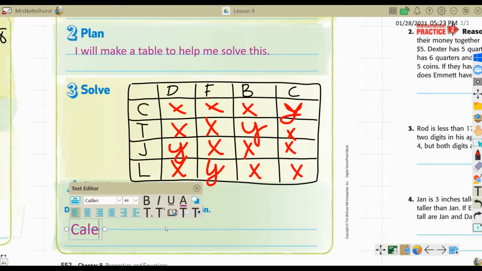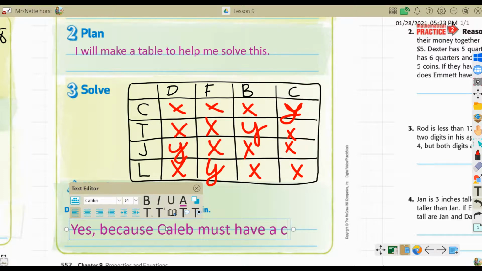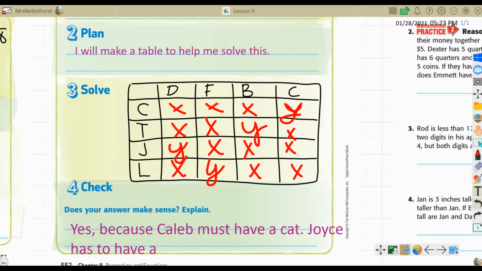Yes, comma, because Caleb must have a cat. Joyce has to have a dog.